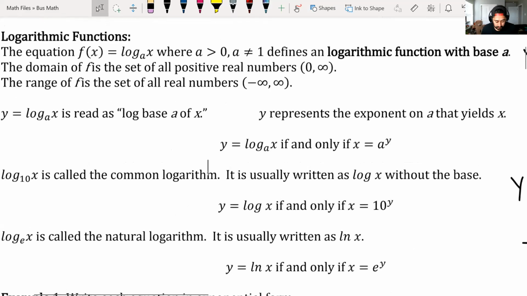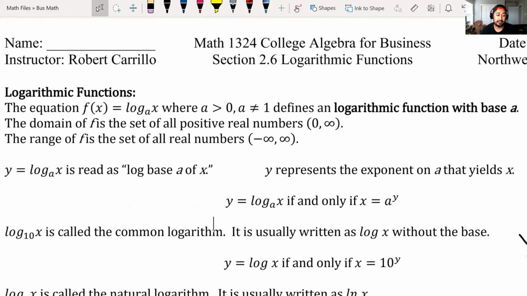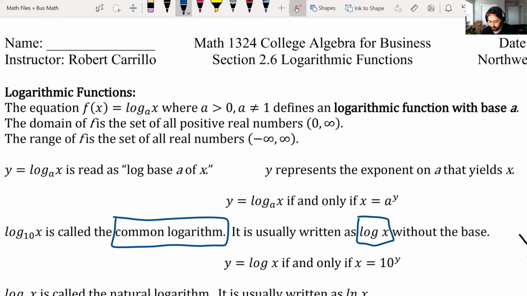Okay. So next one is called log base 10 of x. This is called the common logarithm, and it's usually written as just the log of x. So what we say here is that if you see log x and you do not see a base there, that base is always known to be 10.